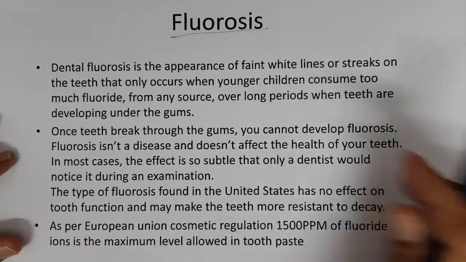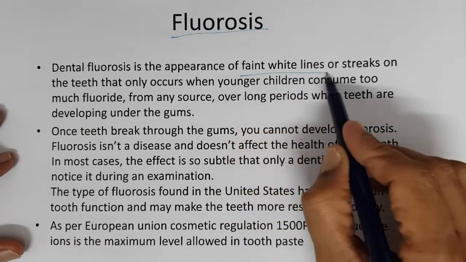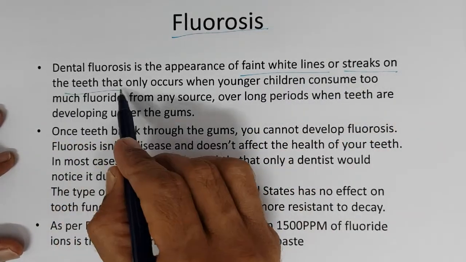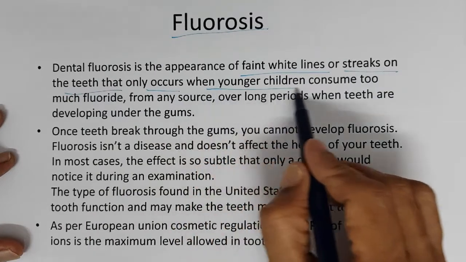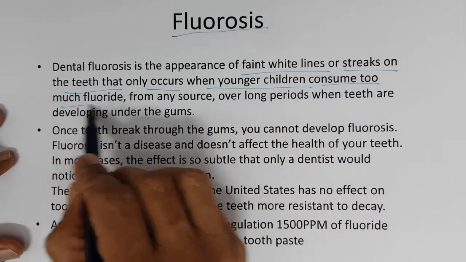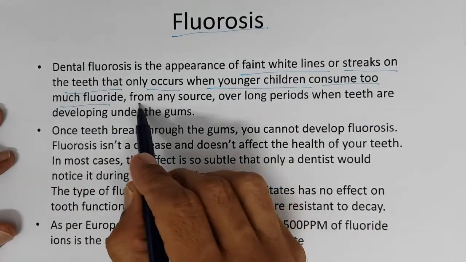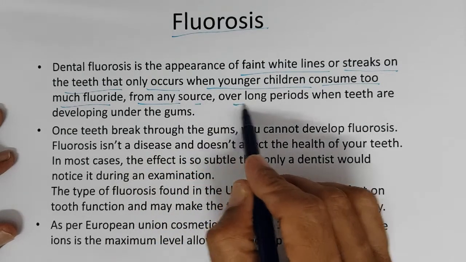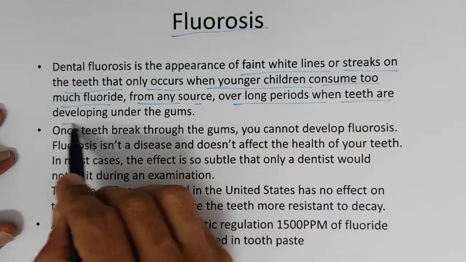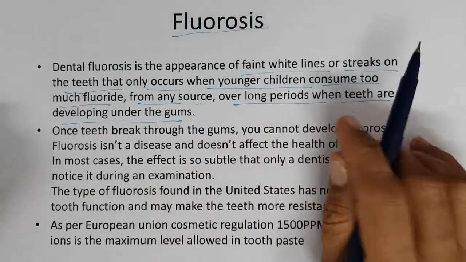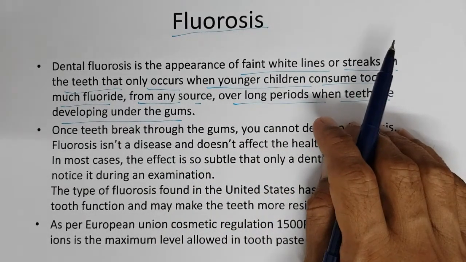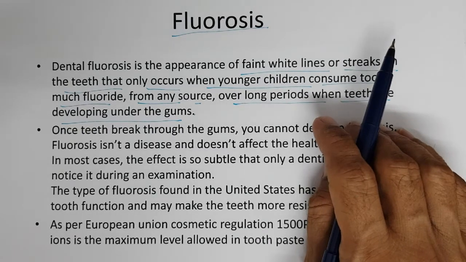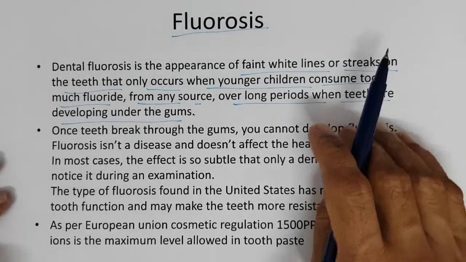Dental fluorosis is the appearance of faint white lines or streaks on the teeth that only occurs when younger children consume too much fluoride from any source over a long period when teeth are developing under the gums. When fluoride content in drinking water is very high, children get fluorosis.